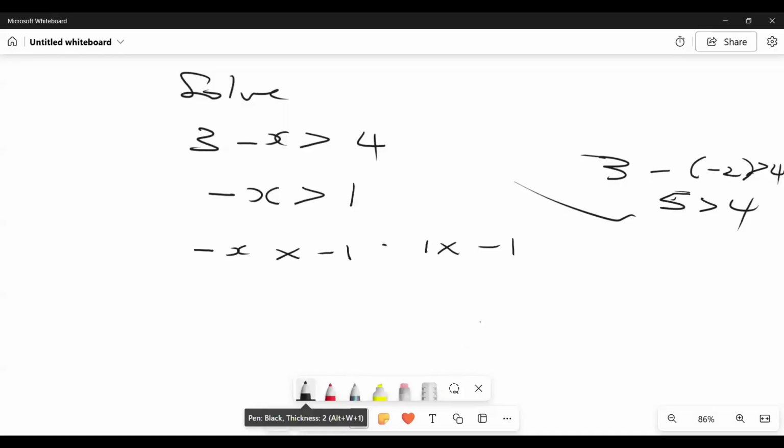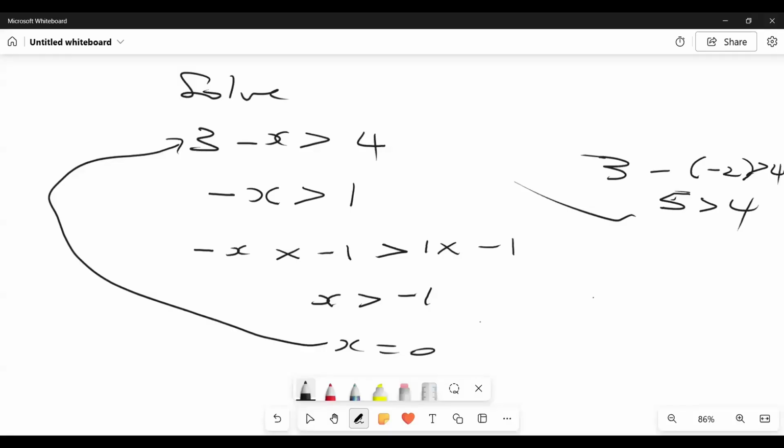And we left the sign like this, right? So x will now be greater than minus 1, right? Let's just say we didn't reverse the sign. Look at what happens. So if x is greater than minus 1, then x could be 0, right? Let's use x equals 0.